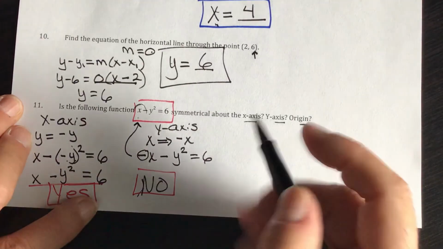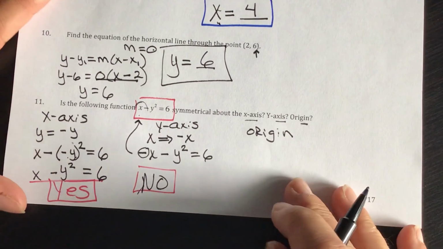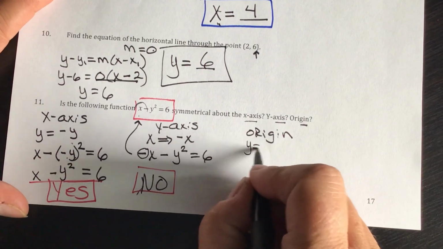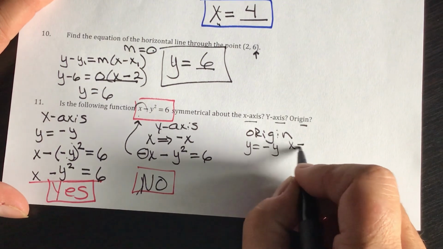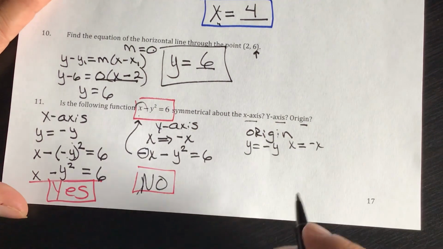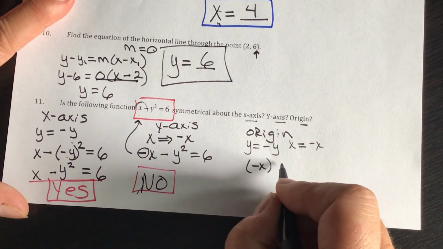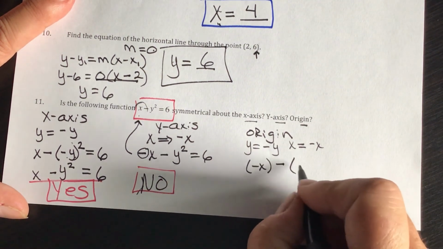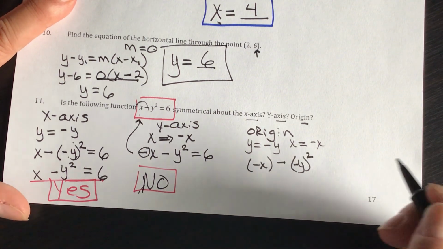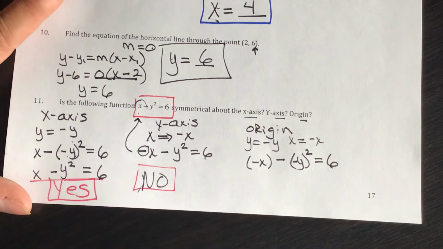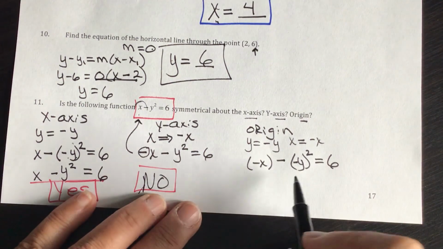And for the origin, I have to replace y with negative y and x with negative x. So x becomes negative x, minus y becomes negative y, and I'm going to square that, make sure it equals 6, and I simplify this.